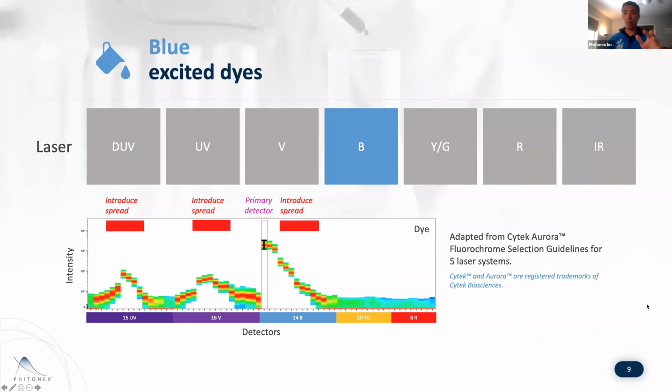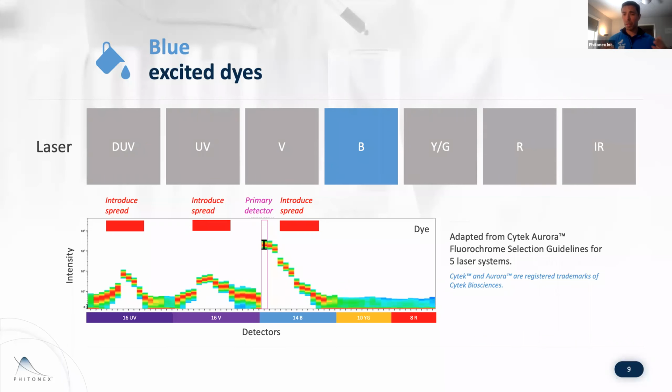And so we're looking at some really nice work here from Cytek, looking at the performance of current dyes. This is something that we've really thought a lot about, and I think it's been brought to mind by leveraging these instruments: what does it look like, right? What do these labels actually look like? So this is looking at a dye, and if you're looking at these ribbon plots, you've got the primary detector here with this band, and then everywhere else, it might be a signature, but it's also introducing spread.